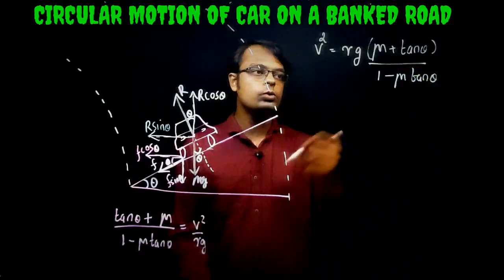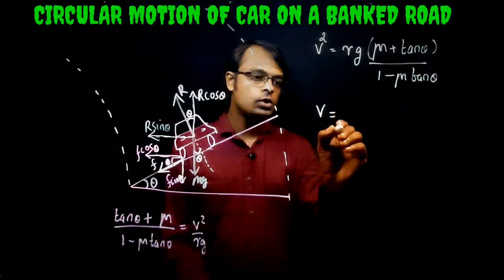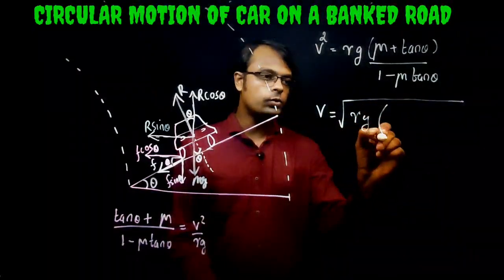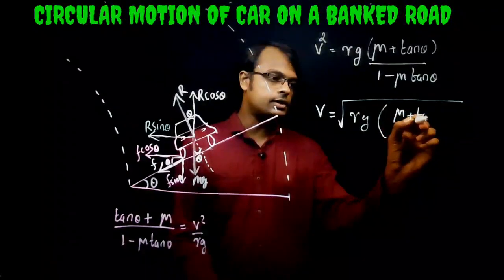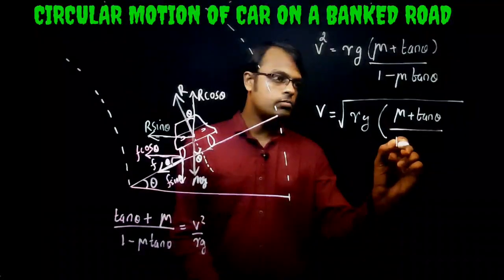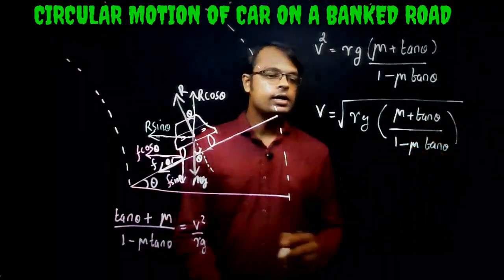Therefore, the velocity is equal to square root of rg into mu plus tan theta divided by 1 minus mu tan theta.